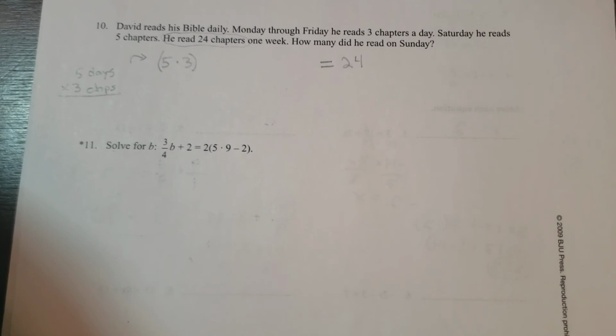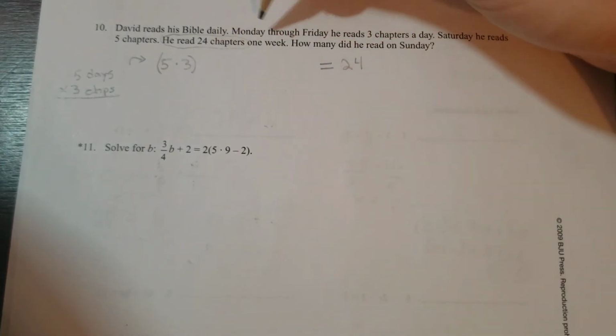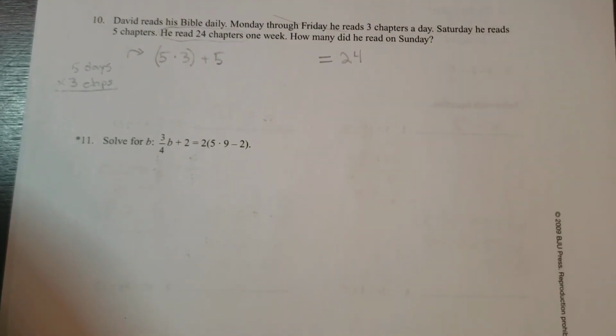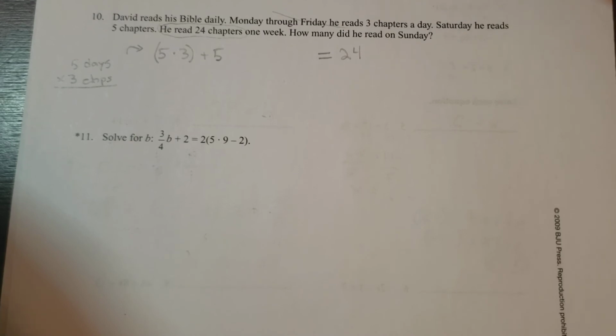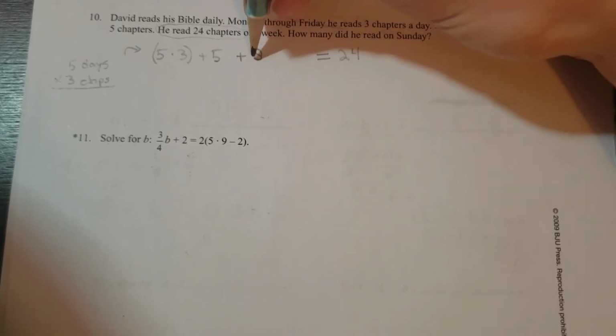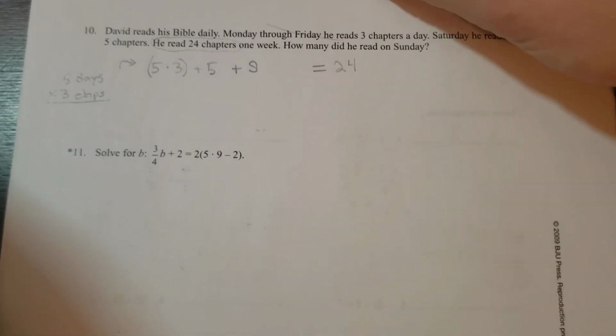Okay, so that's Monday through Friday. Saturday he reads 5, so plus 5. Now, we don't know what he reads on Sunday, so why don't I just put plus S for Sunday.